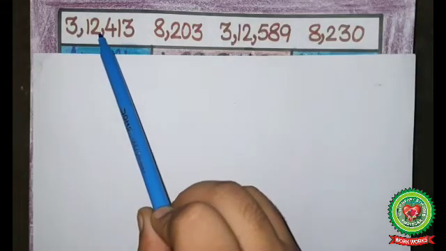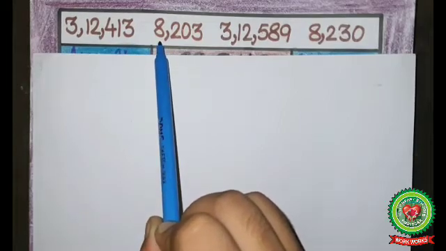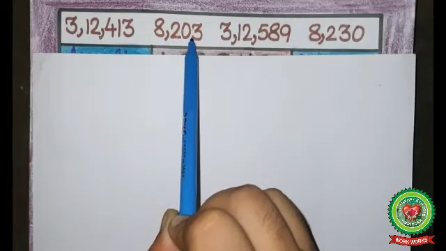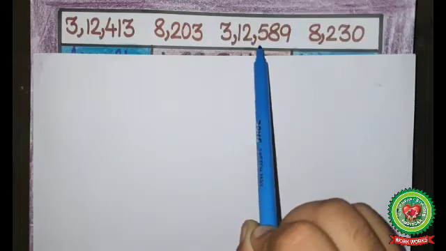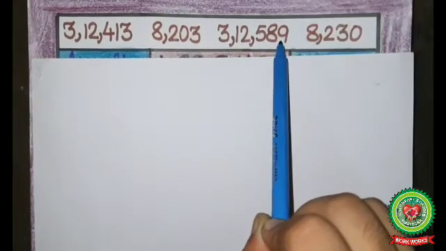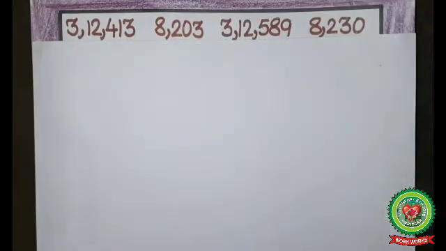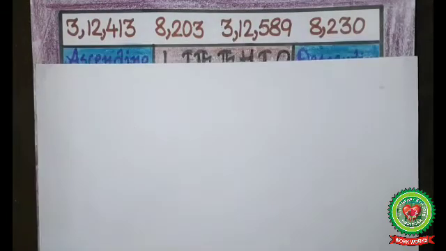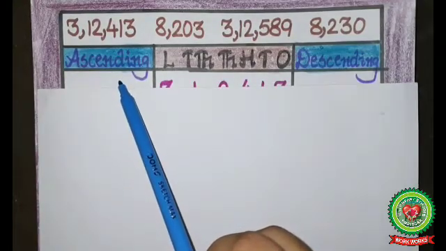Three lakh 12,413, 8,203, 3,12,589, 8,230. Again students, what is the first step? We will make 3 columns. In the first column, we will write down ascending.